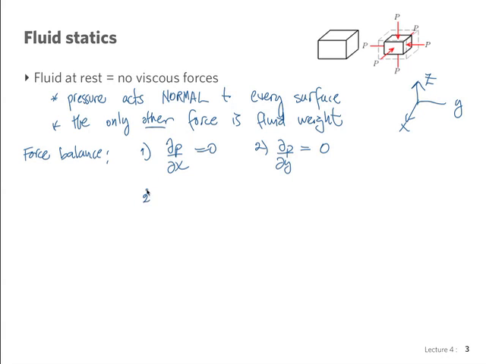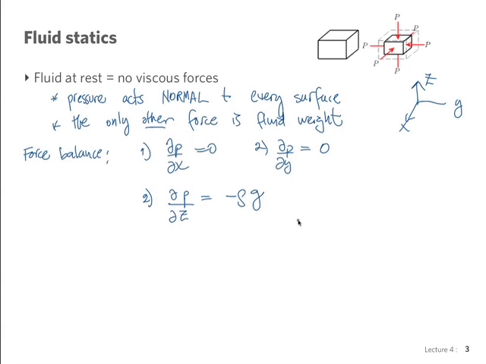And so the weight of this small cube, weight per unit volume, is equal to the change in pressure in the vertical direction, and that weight per unit volume is rho g.